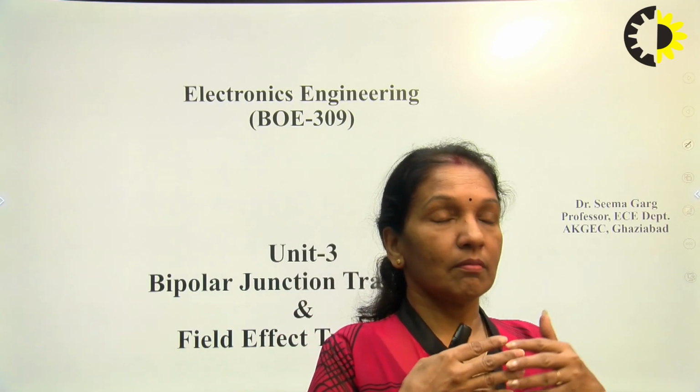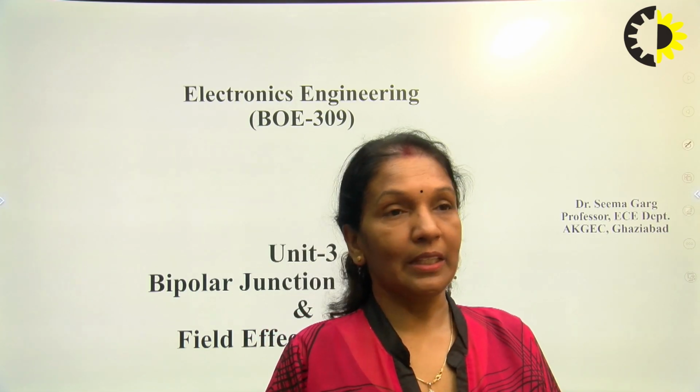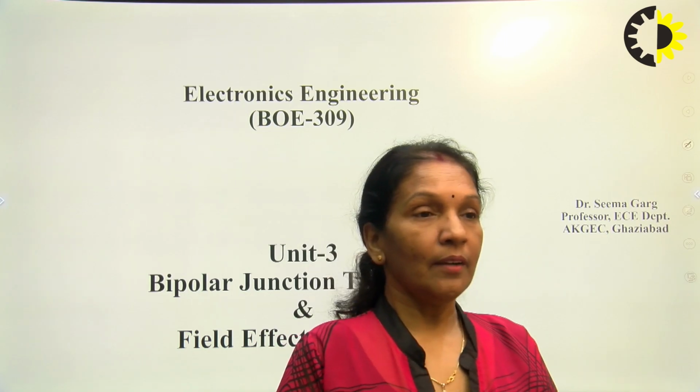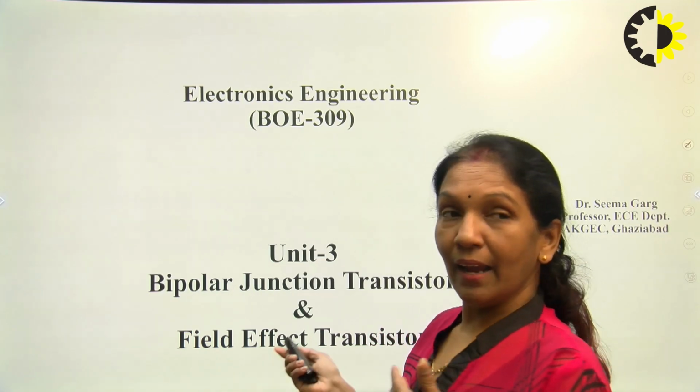Apart from temperature sensitivity, noise immunity is high in the field effect transistor and less in the BJT, but the gain of the BJT is more in comparison to the field effect transistor. The size of the BJT is also more as compared to the field effect transistor. So these are a few differences between the BJT and FET.